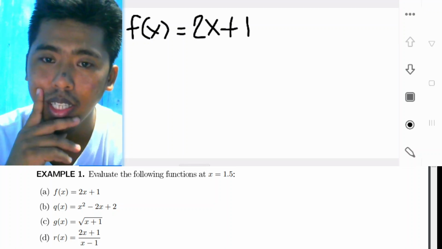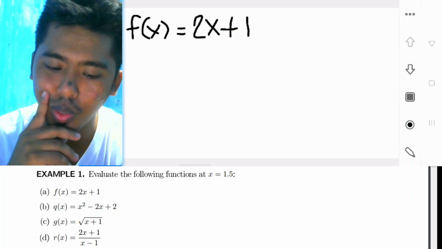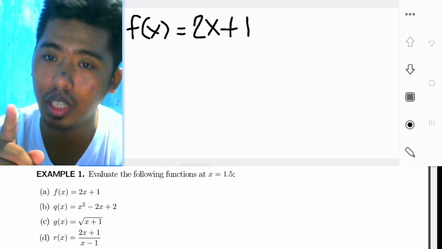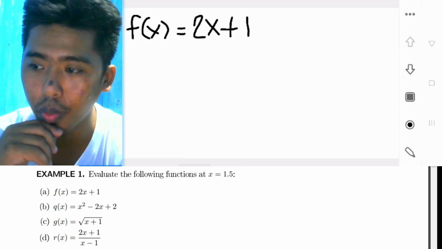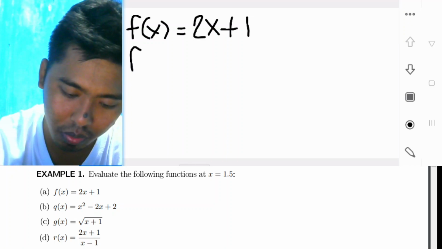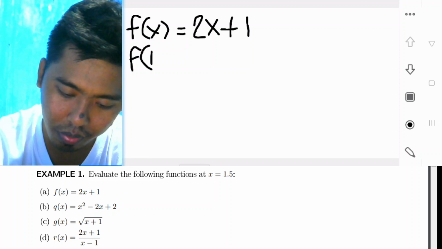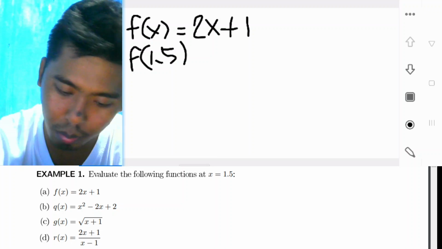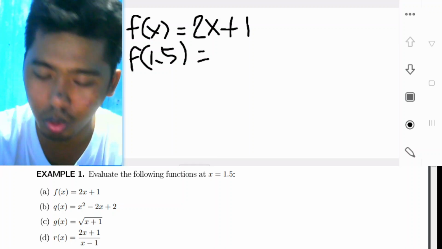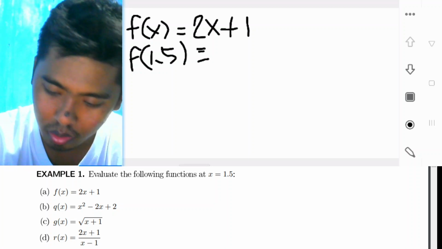Now let's evaluate this function by substituting the value of x, which is 1.5. So this would become f of 1.5.